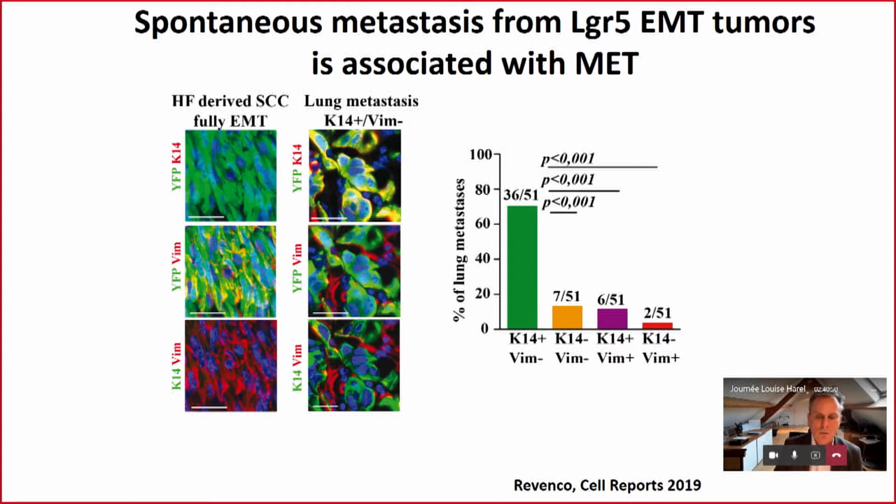But in this mouse model as well, if you look at the differentiation of the tumors in the lung or lymph node metastasis, many of the metastases do not present a remnant of EMT marker expression, such as vimentin. So consistent with the notion that the reversion from mesenchymal to epithelial is important for metastatic colonization, as Thomas has also told you in his talk.